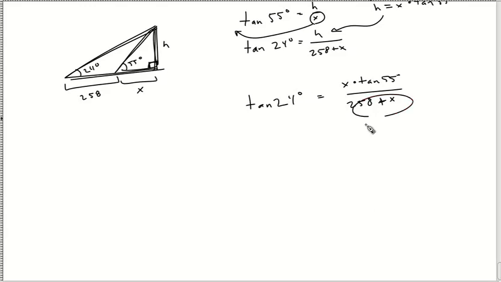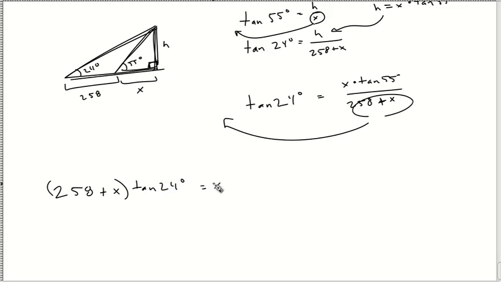Of course, to do this, I'm going to multiply this to the other side. Then I have a tangent of the 24 is equal to X times tangent of 55. There's a lot of things you can do, but I'm going to distribute, because I just think that's going to be easier in the end. But you can do whatever you like. There are definitely different ways to do this problem.